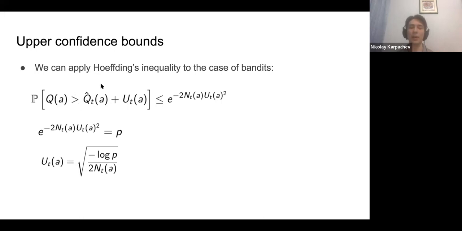Based on our mean rewards, we can compute the upper bound. Here, nt is the number of trials, and p is the probability that we will threshold our confidence interval. For example, p can be 0.95, and this will correspond to the case when we take the 95% upper confidence bound.